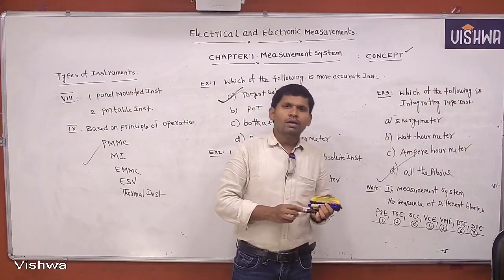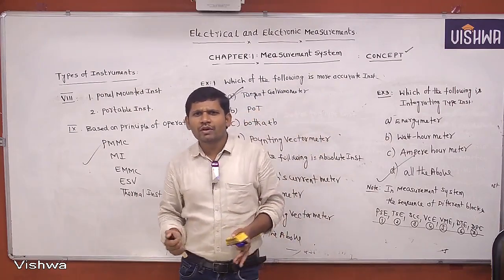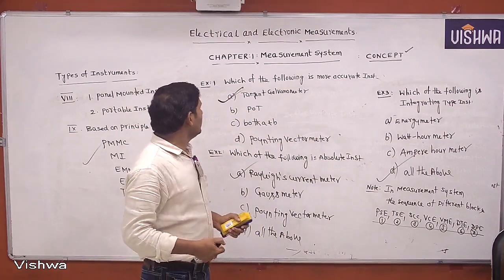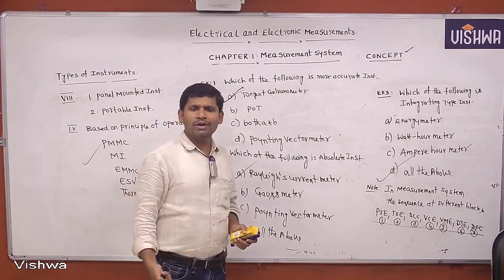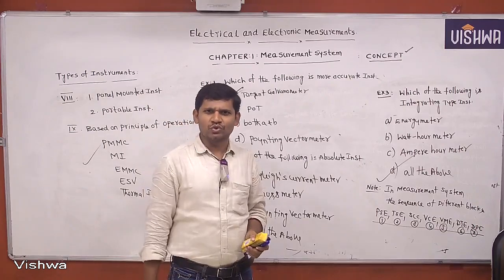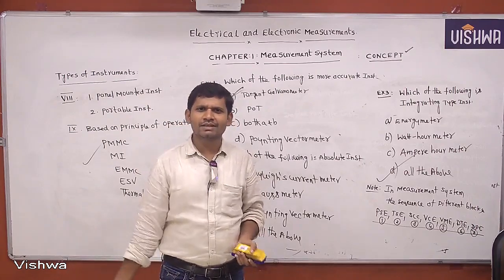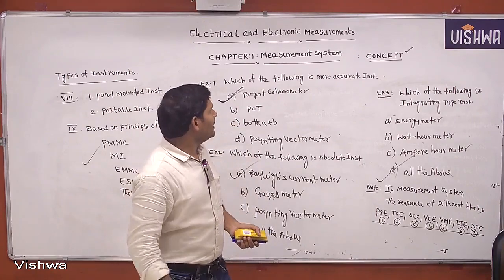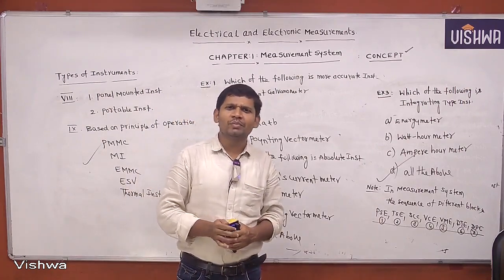Okay, this was about types of instruments in detail. Then in measurement system, another important concept I want to discuss: what are the characteristics of instruments? What is the need of studying the characteristics of instruments?